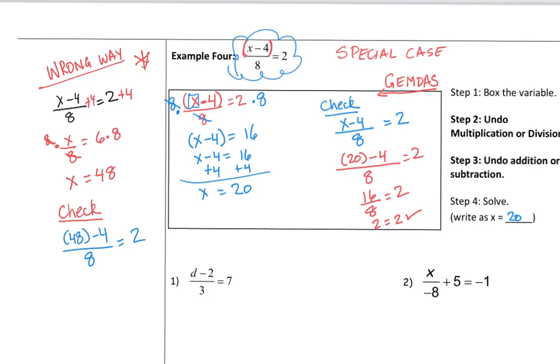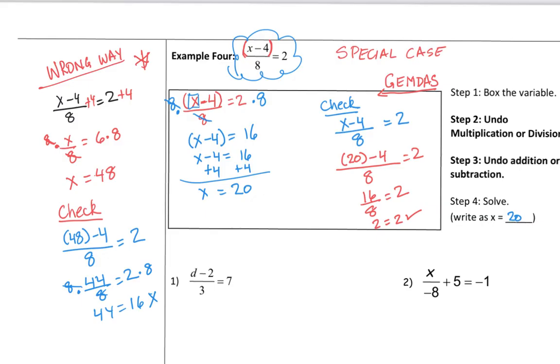There's my original problem. If I check this, I find that 48 minus 4 is actually 44. And so 44 divided by 8 has to equal 2. If I multiply both sides by 8, I end up with 44 has to equal 16, and we know that's not right, so that's not correct.